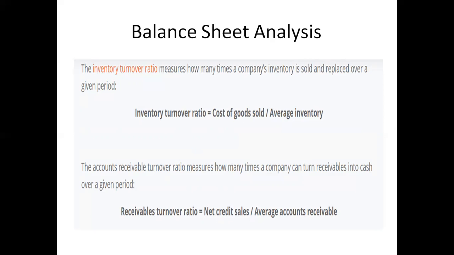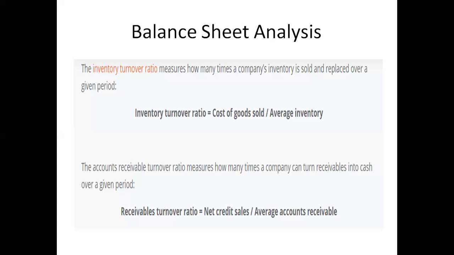Average inventory means the average of opening and closing stocks, and cost of goods sold is the total cost related to the production of the goods. The accounts receivable turnover ratio measures how many times a company can turn receivables into cash. Receivables turnover ratio is net credit sales by average accounts receivable.